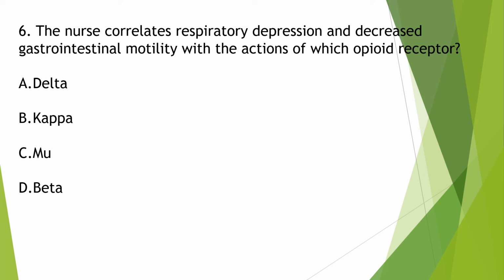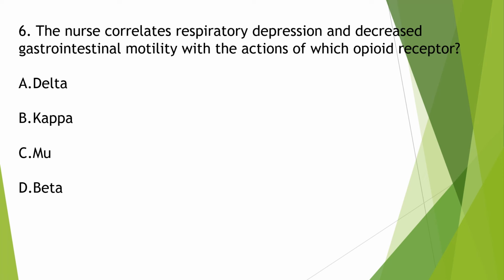Opioids work by binding to opioid receptors, and these opioid receptors are primarily located in the brain, in the spinal cord, along the peripheral nerves or the gastrointestinal tract.